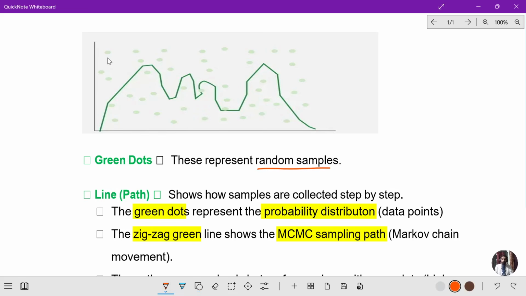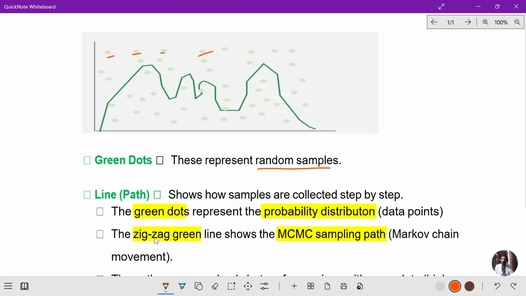Every individual green dot represents a random sample, and the green dots represent the probability distribution. So these green dots are what we call random samples.